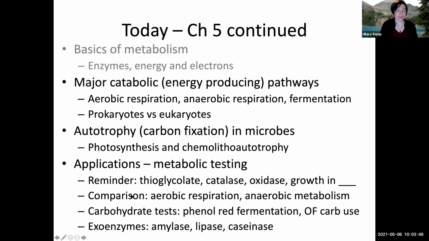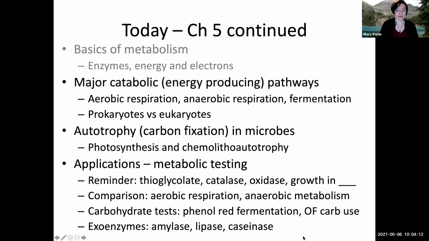It is important to compare aerobic respiration, which you've probably studied quite a bit, to anaerobic metabolism, of which there are several different forms. And we're going to touch on carbohydrate testing in this week's lab, in particular the phenol red fermentation. I'm going to just mention the OF carbohydrate test for one second in lab meeting.